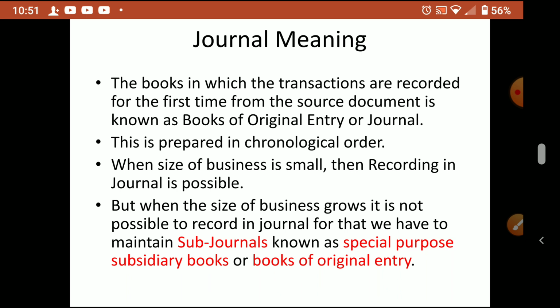Understood? For that purpose, to keep things easy, we have divided the journal into different subdivisions, sub journals. That is known as special purpose subsidiary books or books of original entry. Different books are there, and items of the same category we can put inside that book.